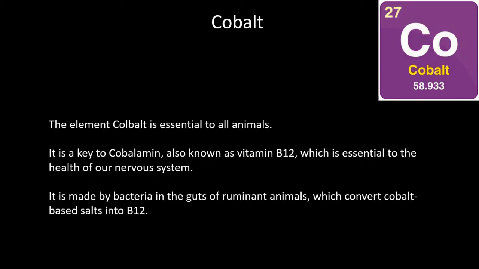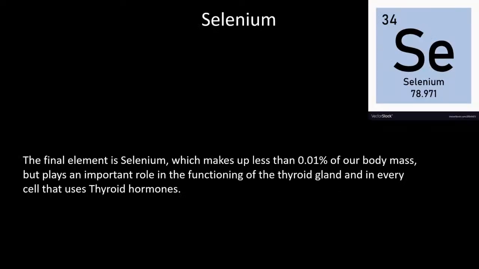The final element is selenium, which makes up less than 0.01% of our body mass, but plays an important role in the functioning of the thyroid gland and in every cell that uses thyroid hormones.